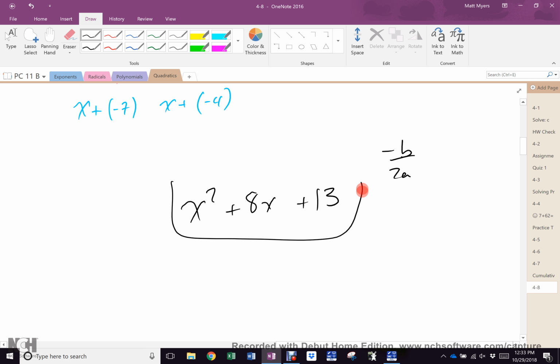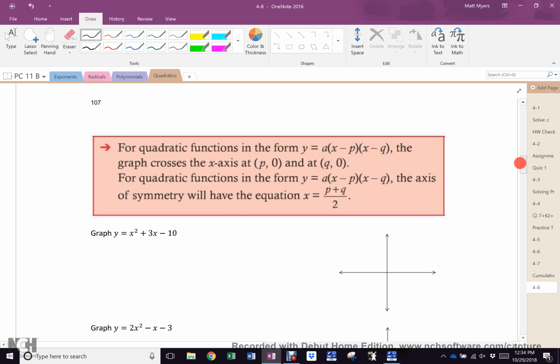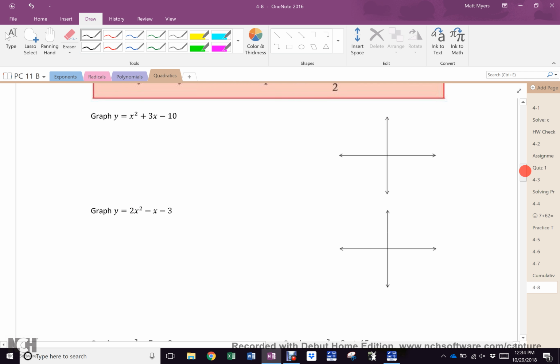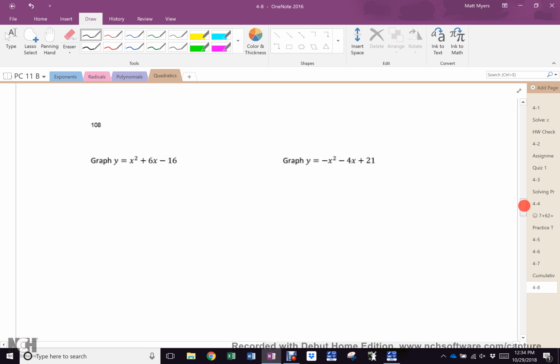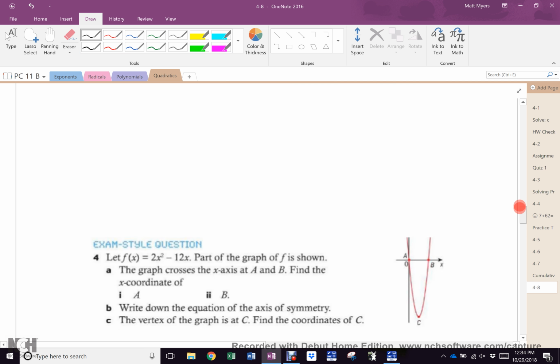It depends on the equation you get, what method you're going to use. Okay? Now, like always, all that stuff's right here for you. We're going to do the first two together, and then I'm going to shut up and let you work.